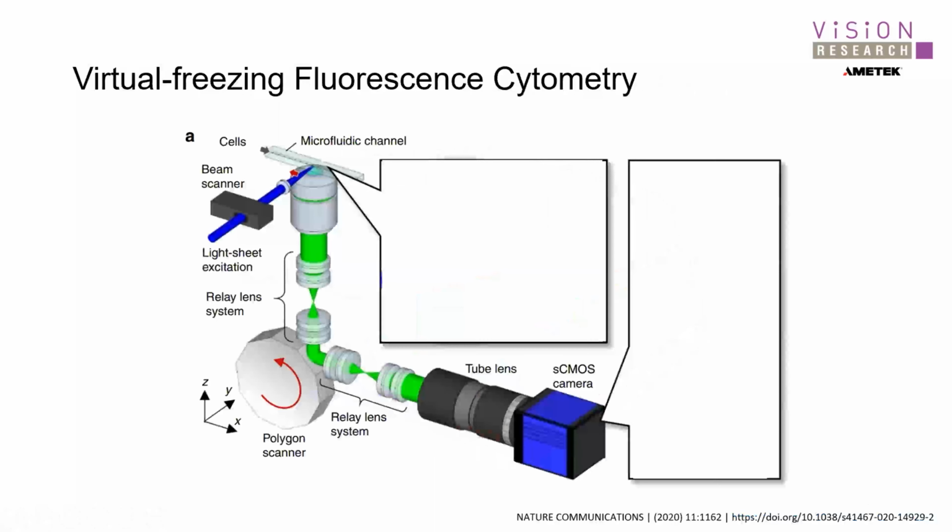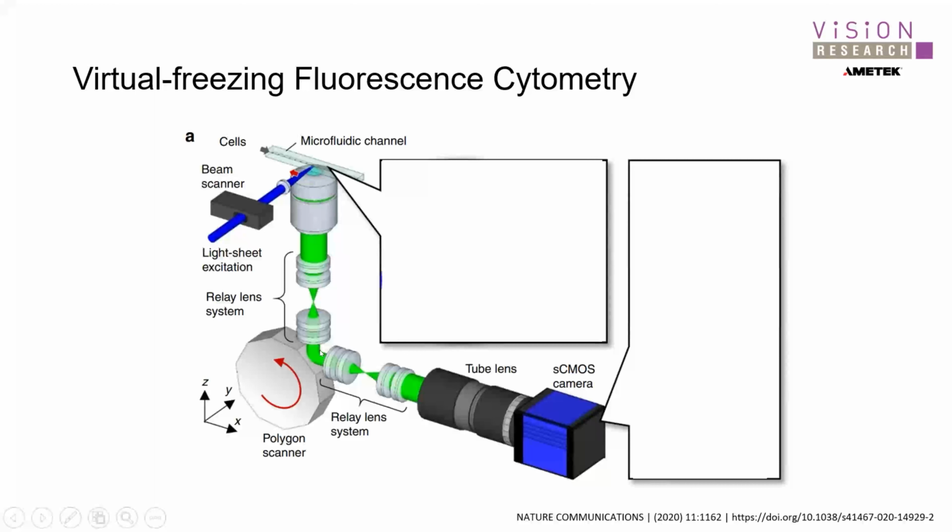Now there are even folks looking to move past the use of TDI. Here's an example from a 2020 Nature Communication article where they used a polygon scanner, which is basically a rotating mirror system.